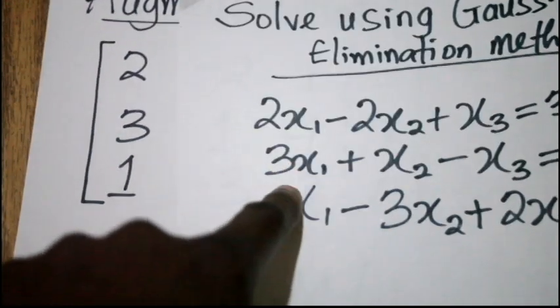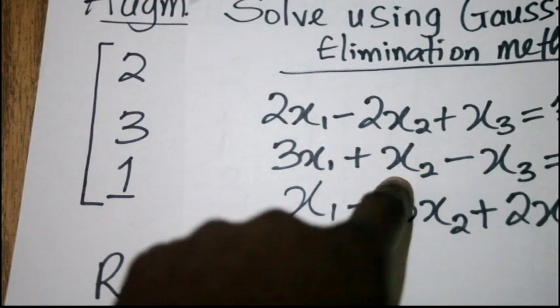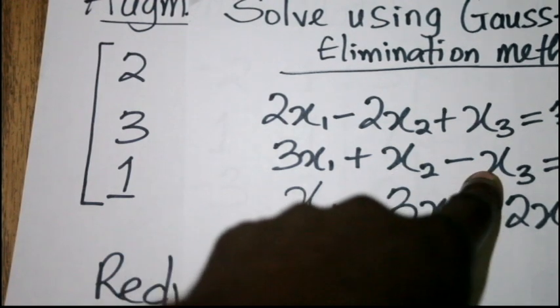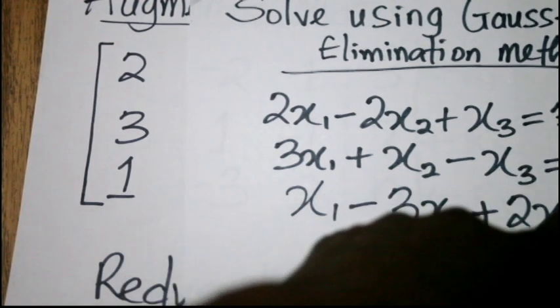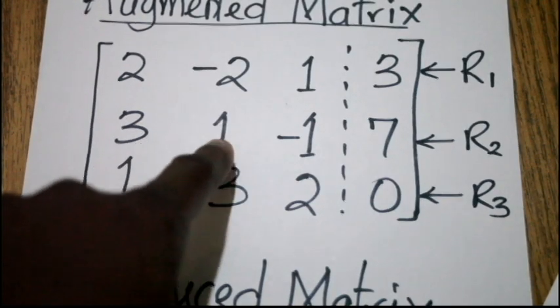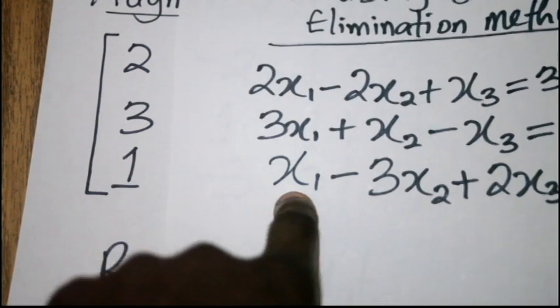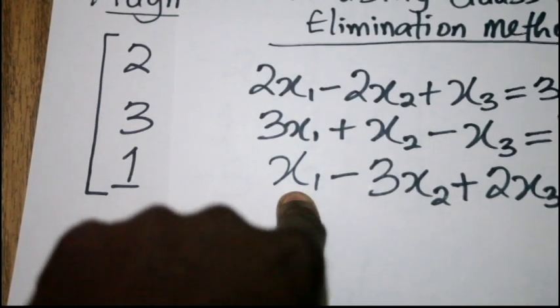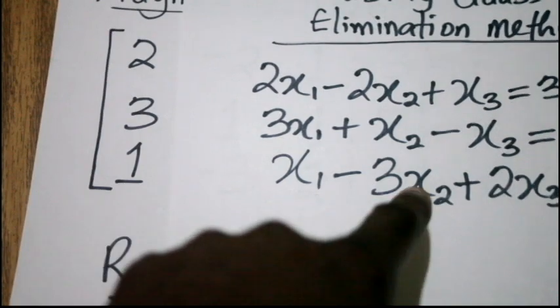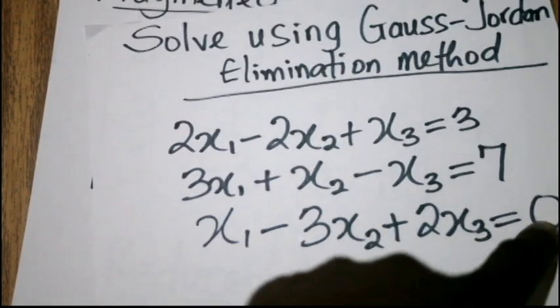Now the same thing goes for 3x1, 3 in this place, x2 is 1, x3 is minus 1, and their value corresponds to 7. So I have 3, 1, negative 1, and 7. That goes for the second equation that we're given. For the last, I have x1 minus 3x2 plus 2x3 equals 0.